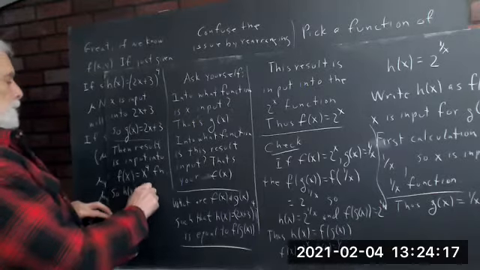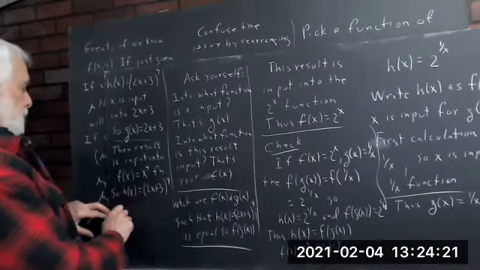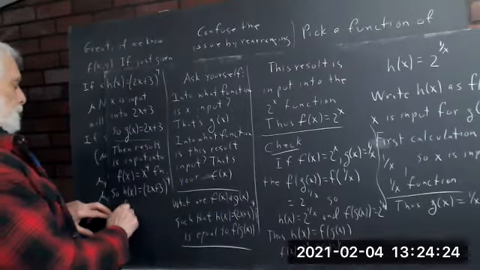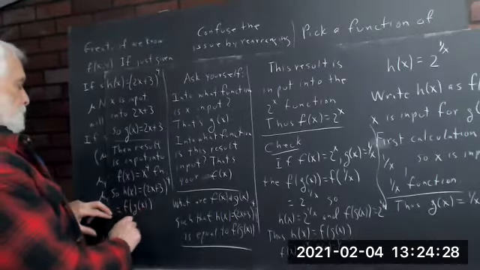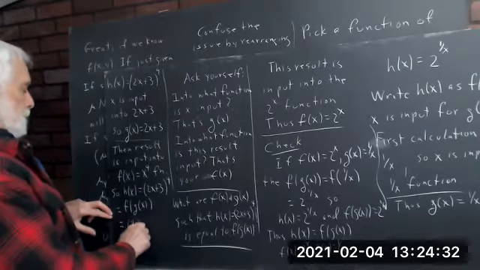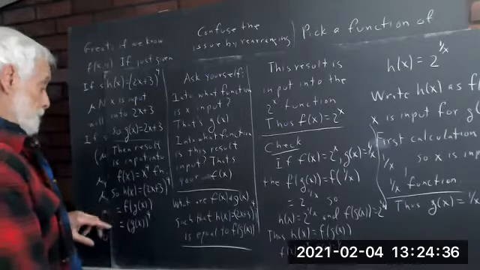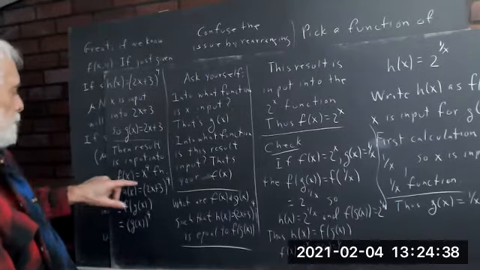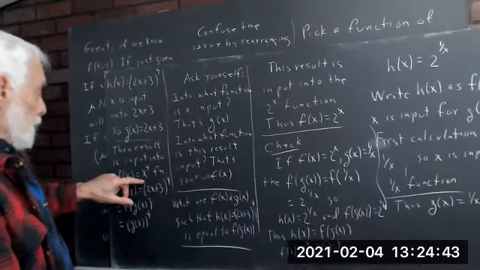So h of x, which is 2x plus 3 quantity to the fourth, equals f of g of x, which equals g of x raised to the fourth power. Since f of x equals x to the fourth, f of g of x equals g of x to the fourth.